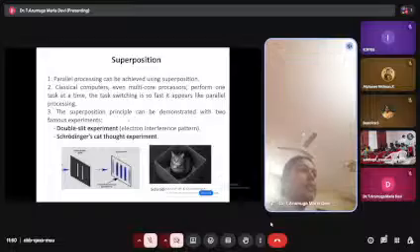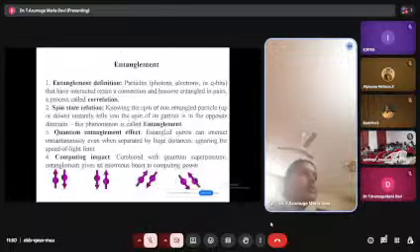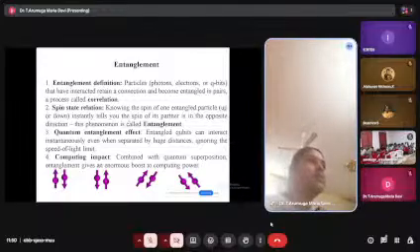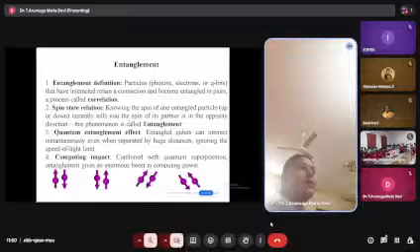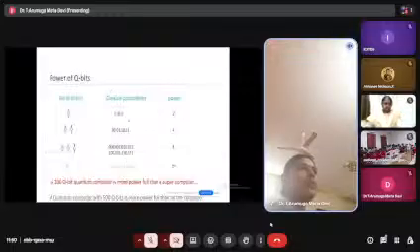Here is one example of superposition, how it works with this principle based on this experiment. This is the process of entanglement: the spin of its partner is in the opposite direction. This phenomenon is called entanglement. Here we can spin it in upward and downward directions.